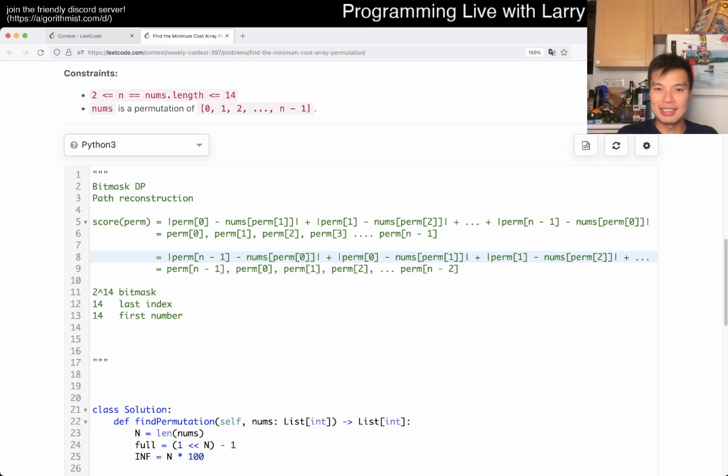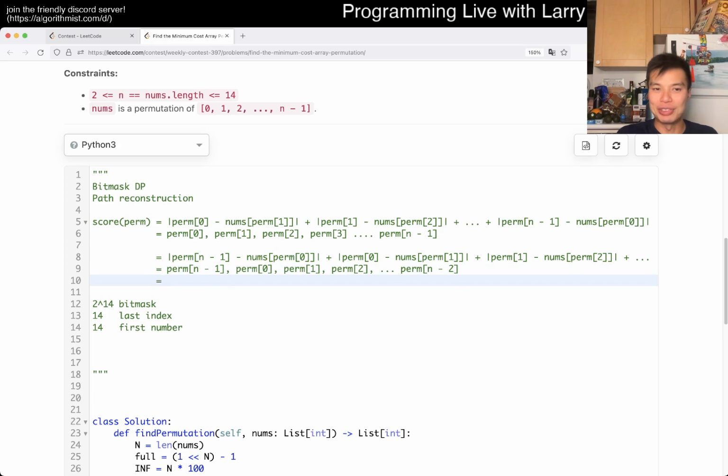So this score is, of course, the same formula as if you did the same thing with perm n-2, right? So then, how does this help us? Well, you know that one of these numbers has to be 0 because this is a permutation array.